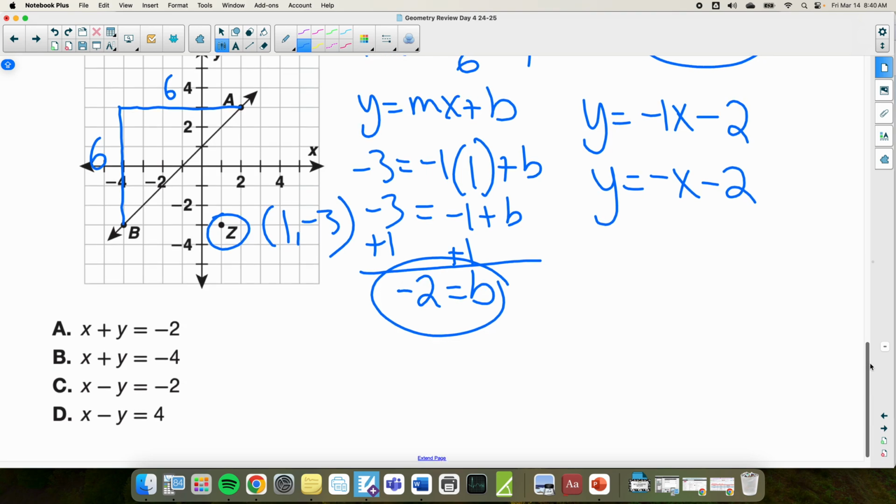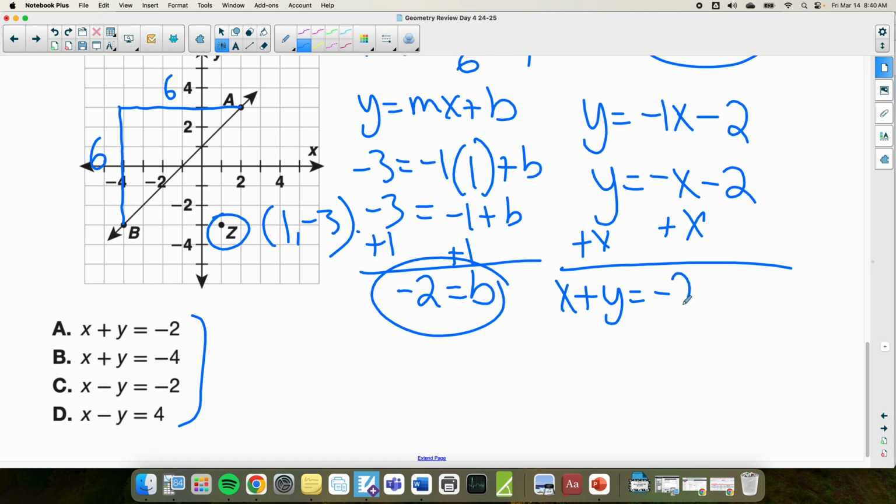And it doesn't quite match the answers. What form is this in? Standard form. Good job. So, to get this in standard form, we're just going to want to add the x's over. x plus y is negative 2. Should be A.